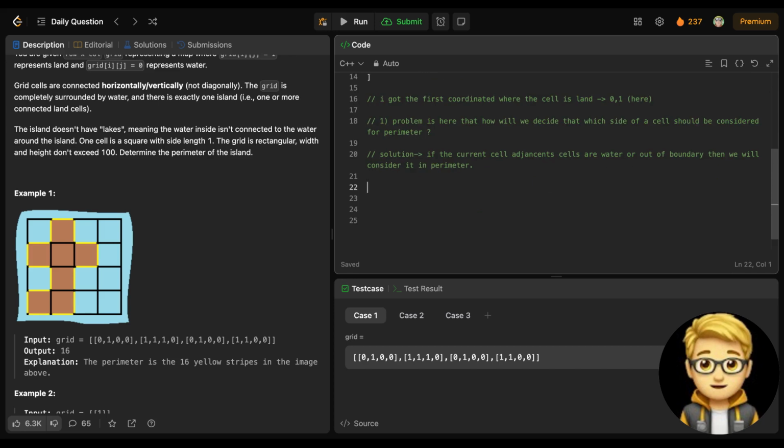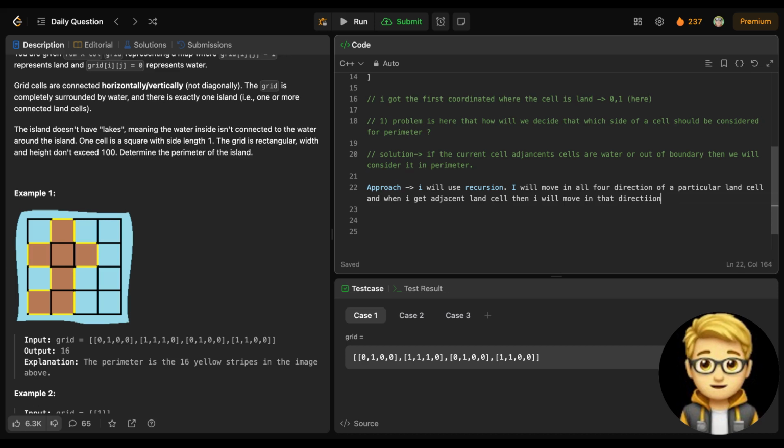So what will be my approach here? I will use recursion. I will move in all four directions of a particular land cell, and when I get an adjacent land cell, I will move in that direction.